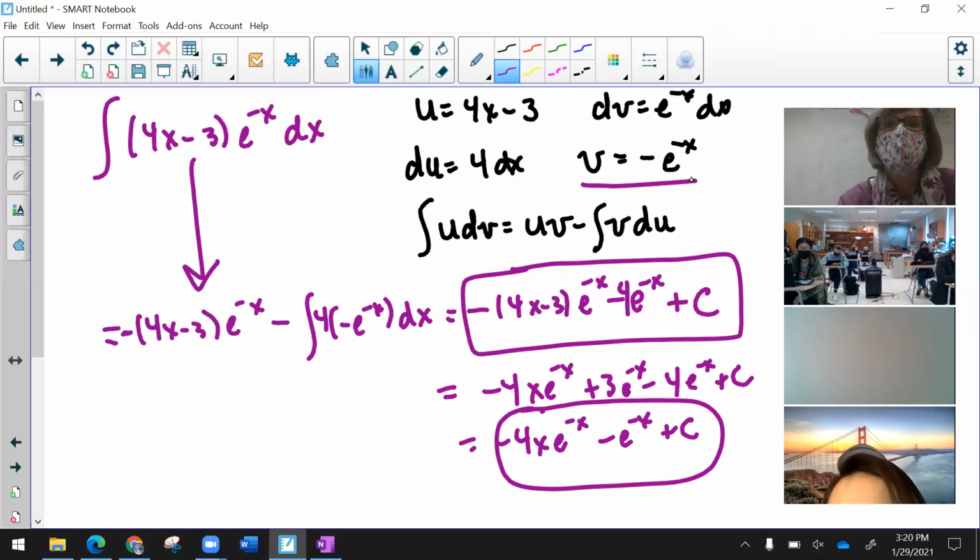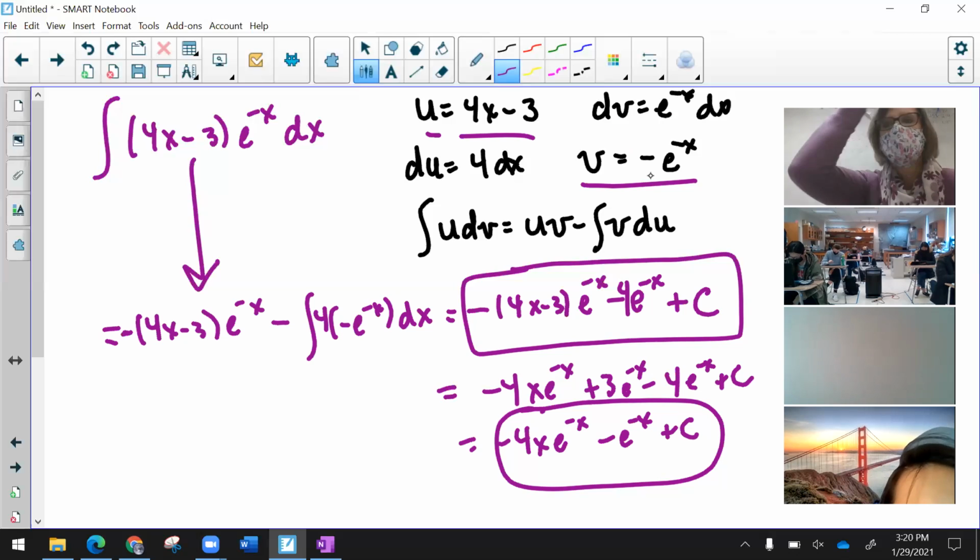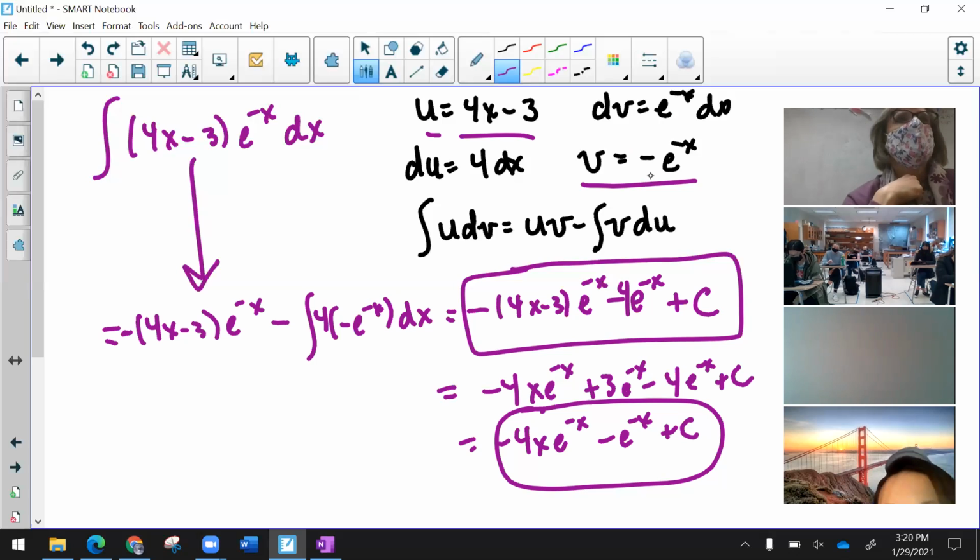Because it's v times v, and v has a negative sign in front of it. Oh, okay. Right? Because I'm perfectly capable of making that mistake.